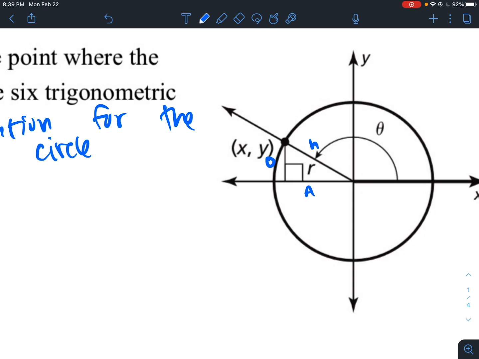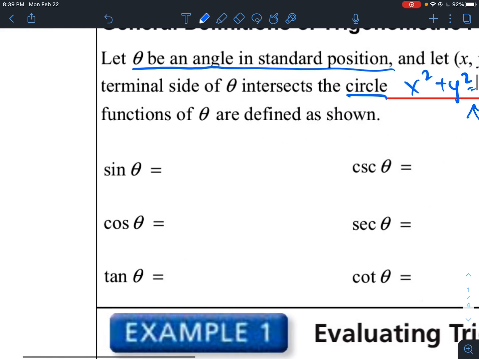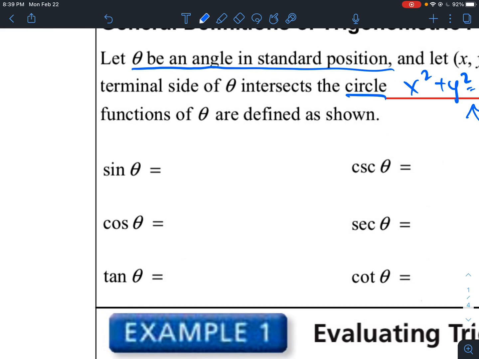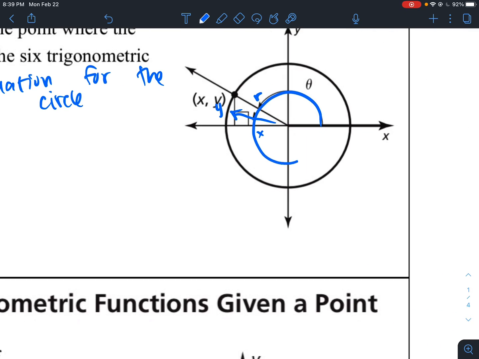Except we're not going to use O, A, and H anymore. We're going to use Y, X, and R. So sine of this angle would be Y divided by R. In general, we can define that for any angle, so that could be an angle that rotates all the way over here, twice around, and over here.